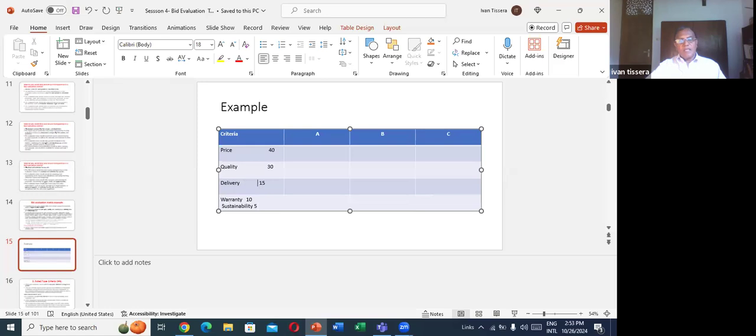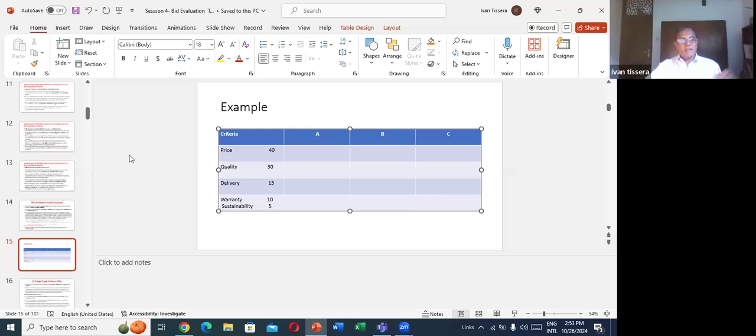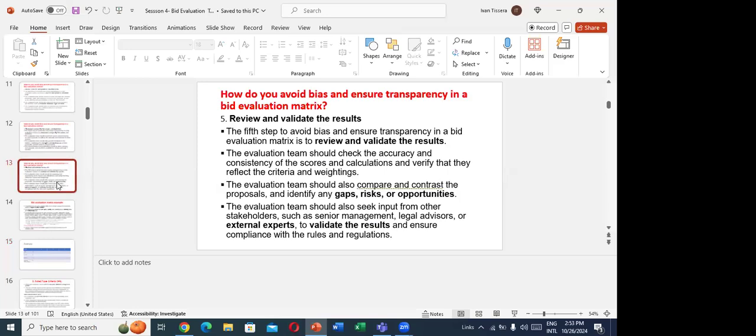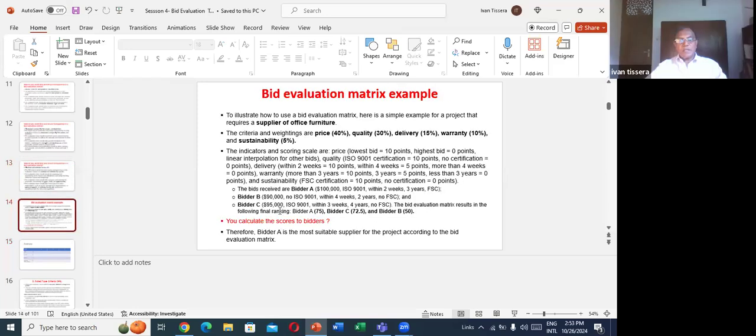Okay, tell me, based on the price, who will get the maximum 40 marks? A or B or C? B. What is his price? 90,000. B is 90,000.